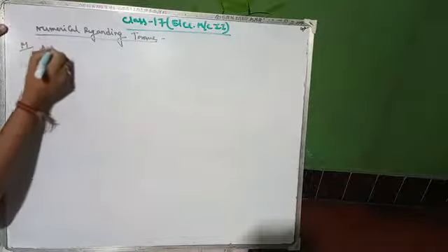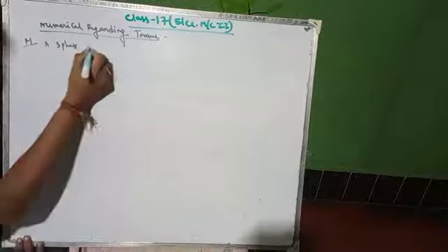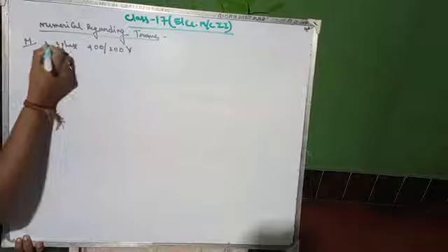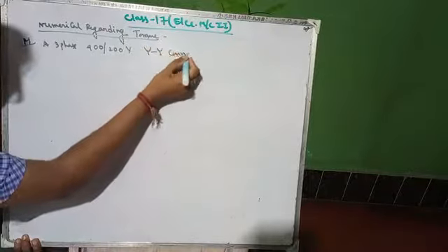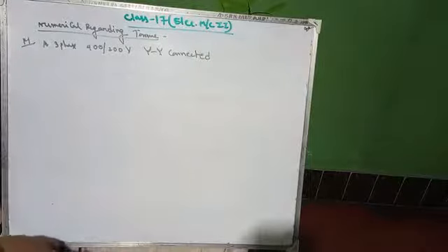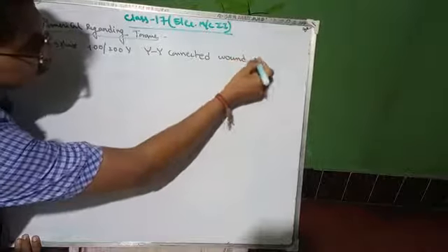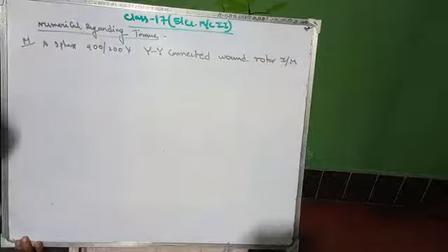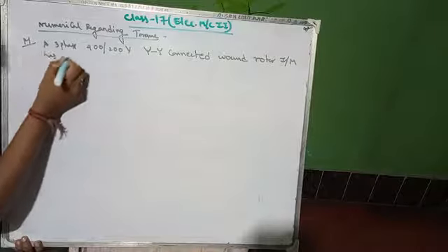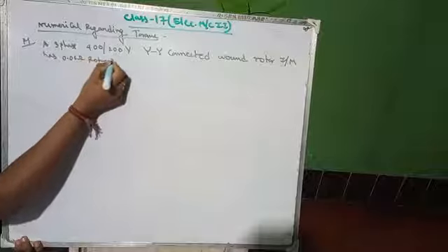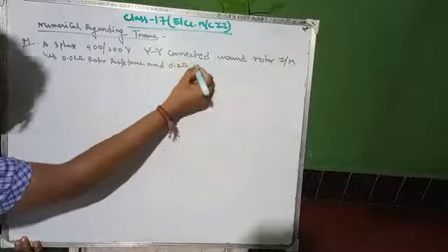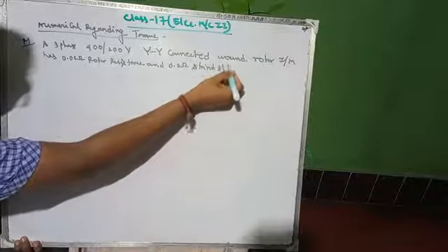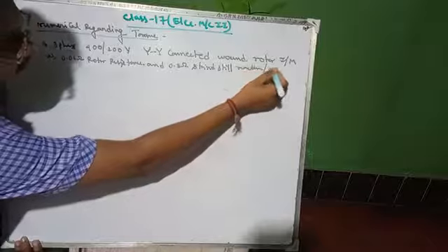A three-phase 400/200 volt star connected or YY connected wound rotor induction motor has 0.06 ohm rotor resistance and 0.3 ohm standstill reactance per phase.